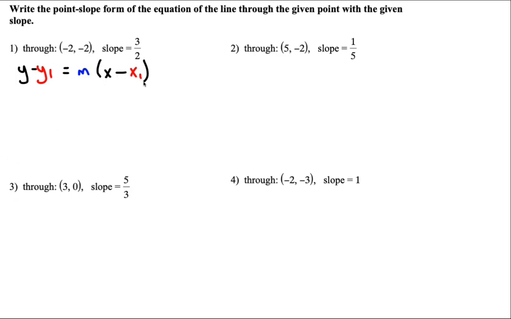That's our equation here. And we know that the point that we're going to use is -2, -2. And the slope we're going to use is 3/2. So I'm just going to put in the values right into this. So I've got y minus, and this is going to be -2.